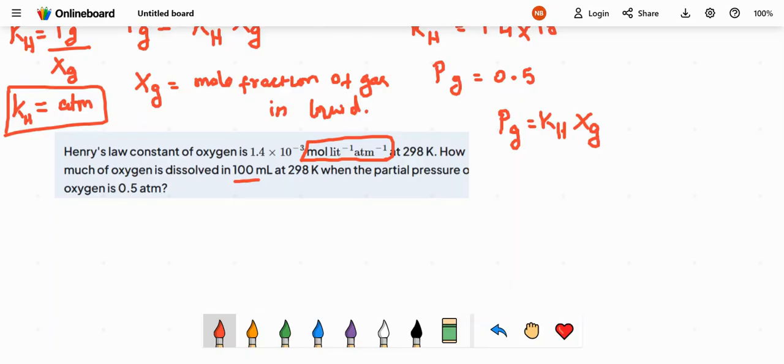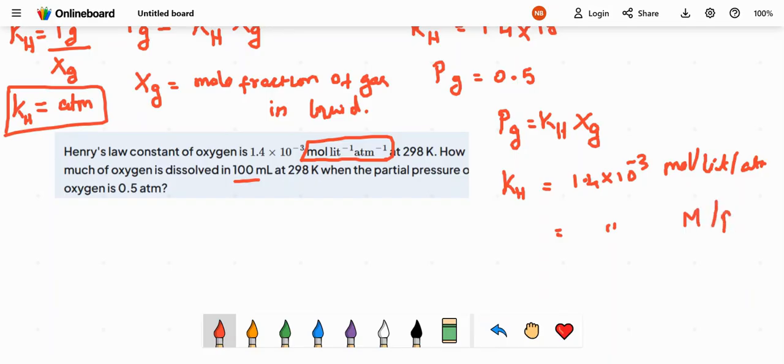Here they didn't talk about the solvent, but anyway, they have given a 100 ml volume alone. But my problem is the KH unit is 1.4 into 10 to the power minus 3 mole per liter per atmosphere. So what is the meaning of that? They have given the constant in molarity per pressure.